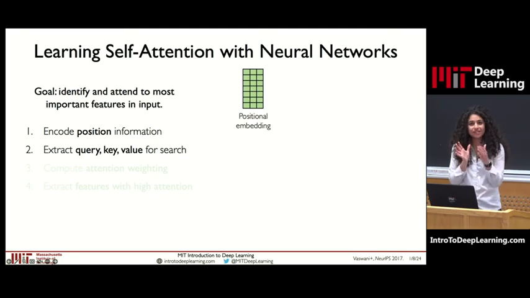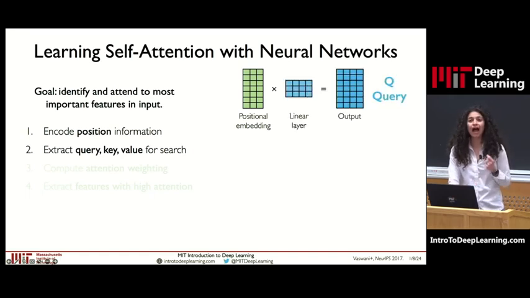Now, we take that positional embedding and compute a query, a key, and a value for our search operation. Remember, our task here is to pull out what in that input is relevant to our search. How we do this is the message of this class overall: by learning neural network layers.